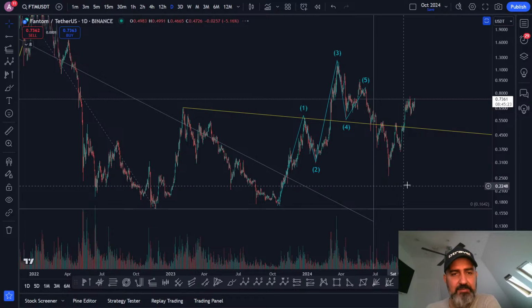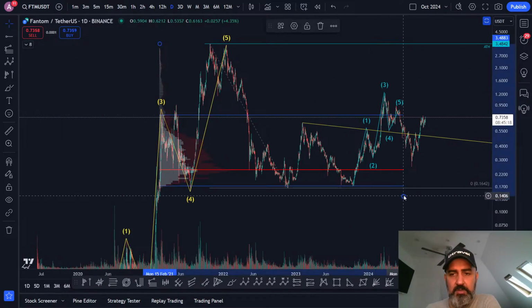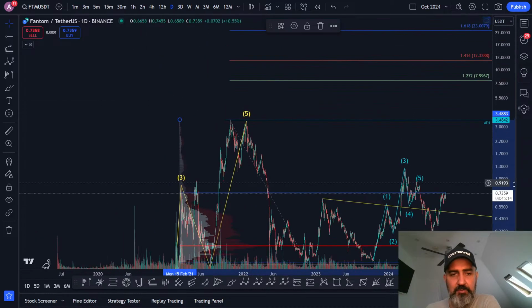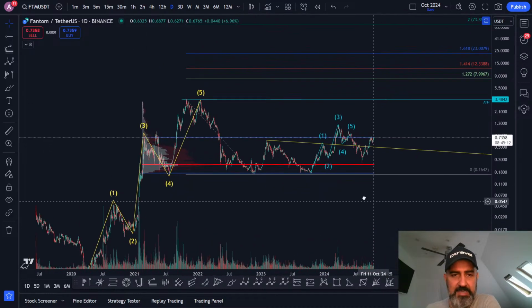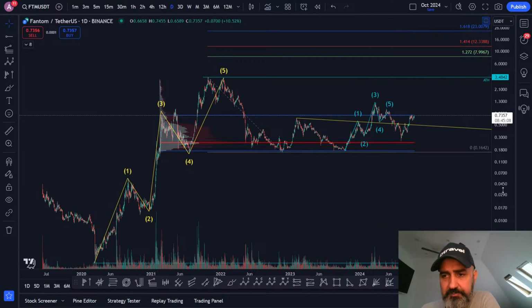All right, so let's just have a look at this correction now. Let's just expand this volume profile. I'm just taking the volume of this top bit because that's where we are, because we haven't come underneath the pivot 4 here.